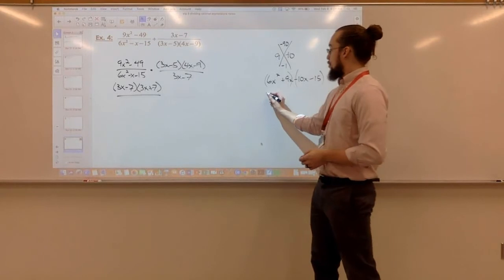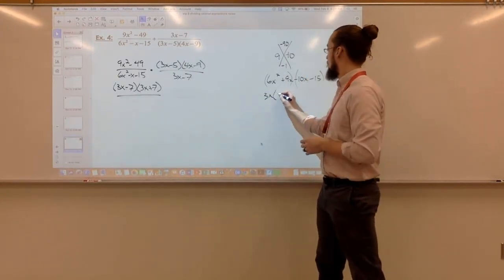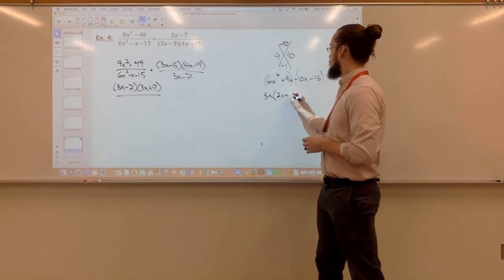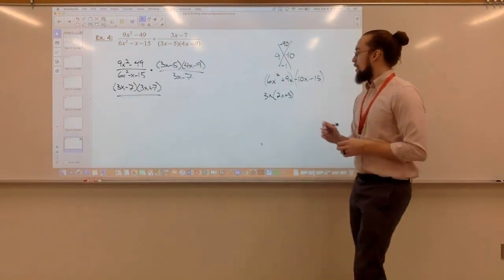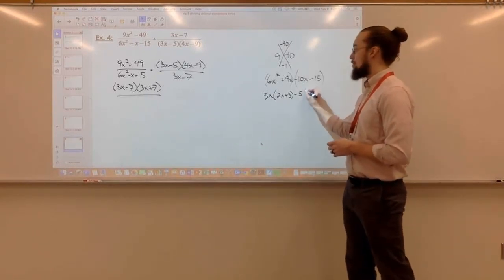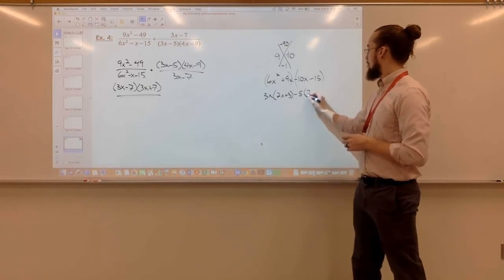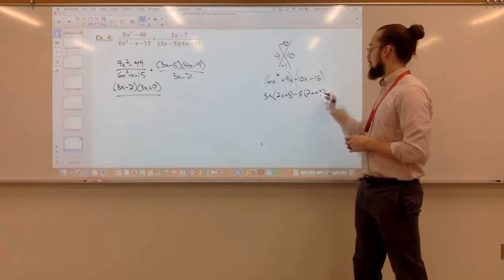I can take a 3x out of the first pair. I would be left with 2x plus 3. Then I can take a negative 5 out of the second pair, and I would be left with 2x plus 3.